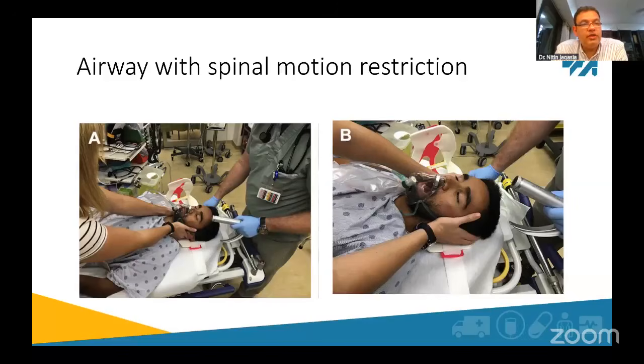The person doing the laryngoscopy, not getting a good view or trying to get a good view, may excessively move the cervical spine. The person holding the neck just lets the person intubating know that the neck is moving and they can't do it. So it is more about restricting movement rather than holding it in one place.